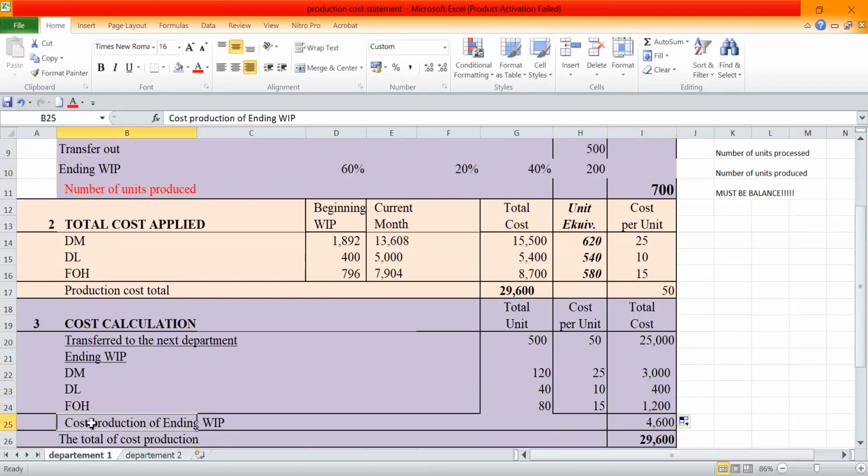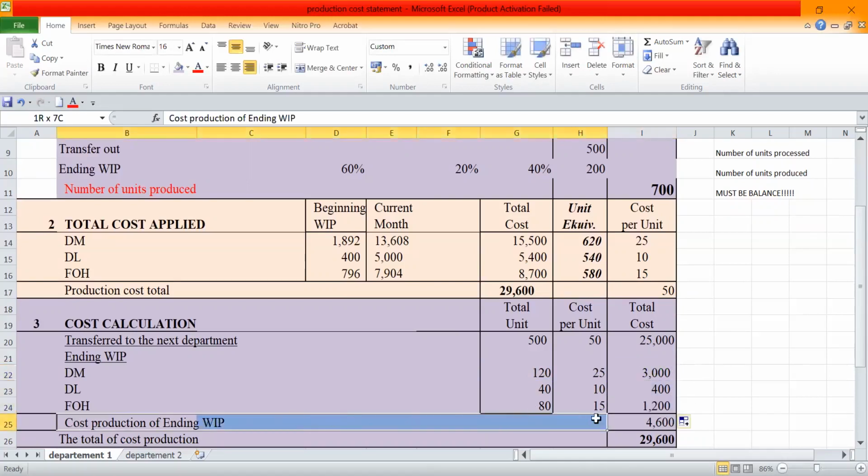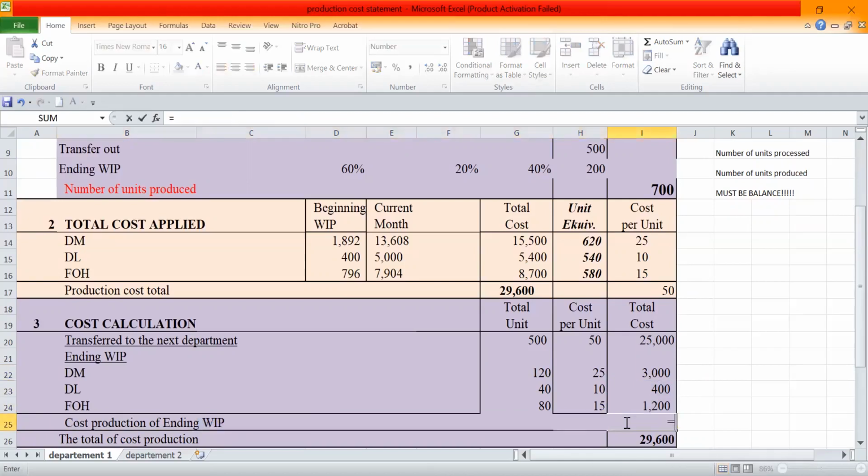So we got the cost production of the ending work in process, which is the sum of these: 3,400 and 1,200.